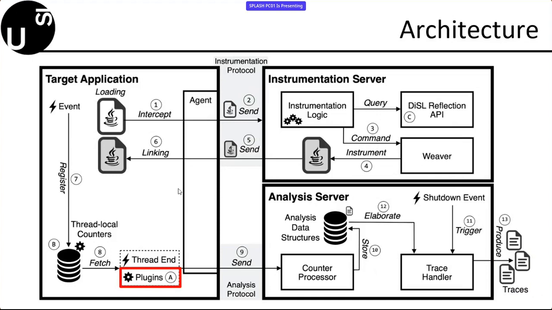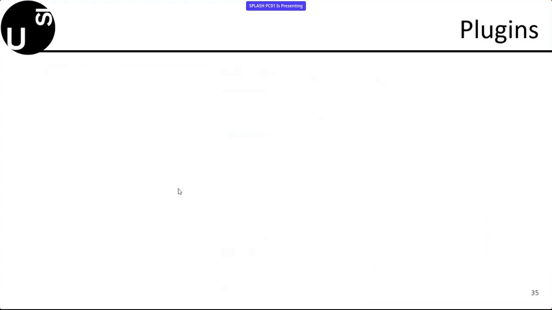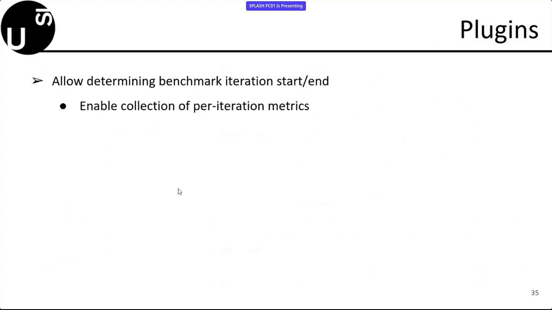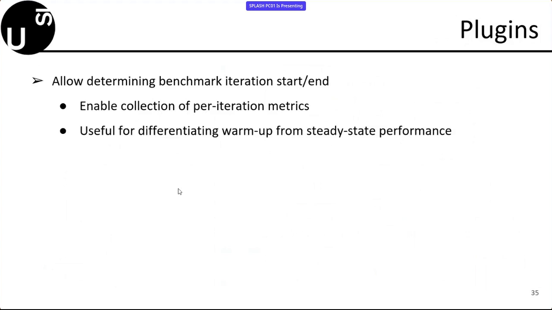In addition, P3 also integrates plugins that can interface with popular benchmark suites for the Java virtual machine. These plugins, in particular, allow determining when the iteration of a benchmark starts and ends. And this is particularly useful for enabling the collection of per-iteration metrics.